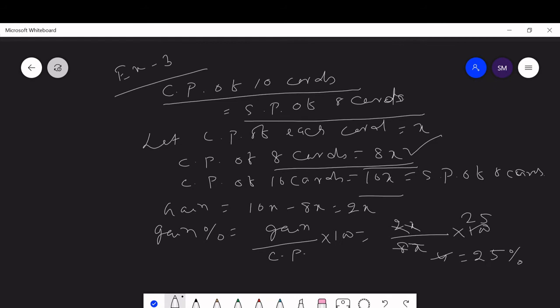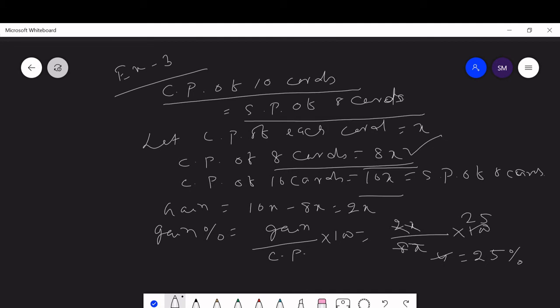Here the question says cost price of 10 cards is equal to selling price of 8 cards. Then let cost price of each card be x. Then cost price of 8 cards is 8x. But according to the question, selling price of 8 cards is equal to cost price of 10 cards.